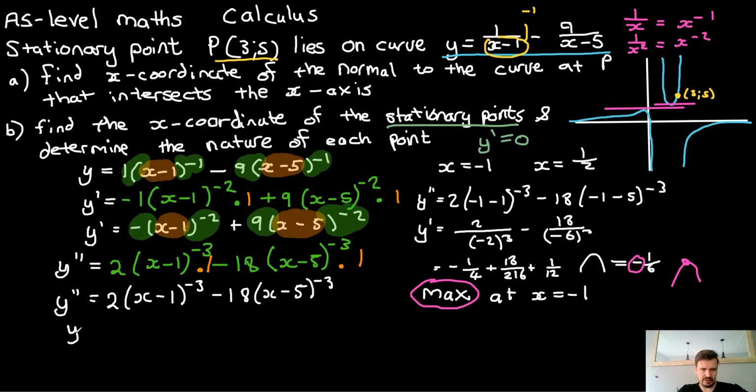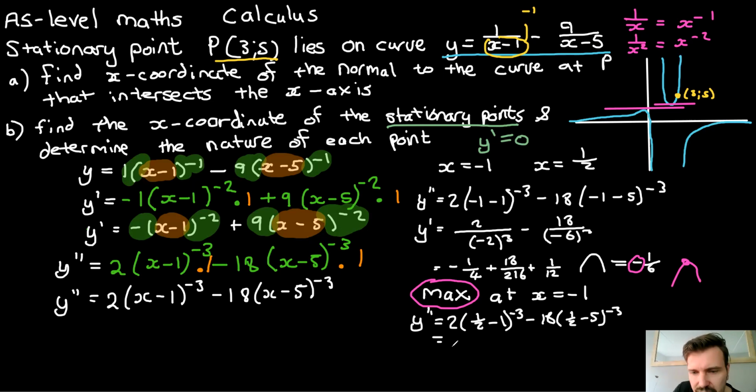So I'm going to do it here, I think I can fit it. Half, and then I'm subbing into this value. So it'll be 2 (half minus 1) to the -3 minus 18 (half minus 5) to the -3.